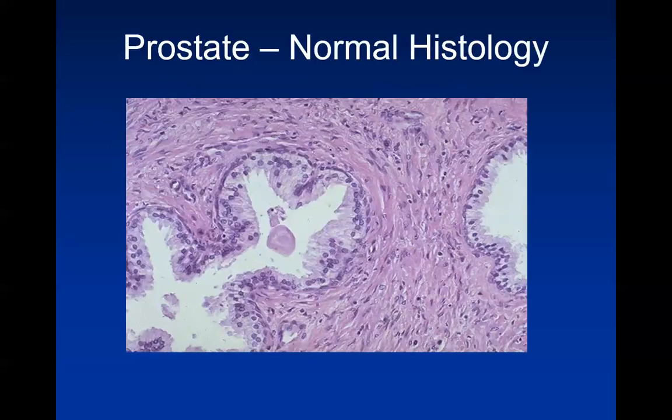All right, just a little bit about the normal histology of the prostate, and a couple of clinically important pieces of information. You will see that this is a prostatic gland. The prostate is a glandular, muscular organ, so it combines smooth muscle in addition to the glands that you see here.